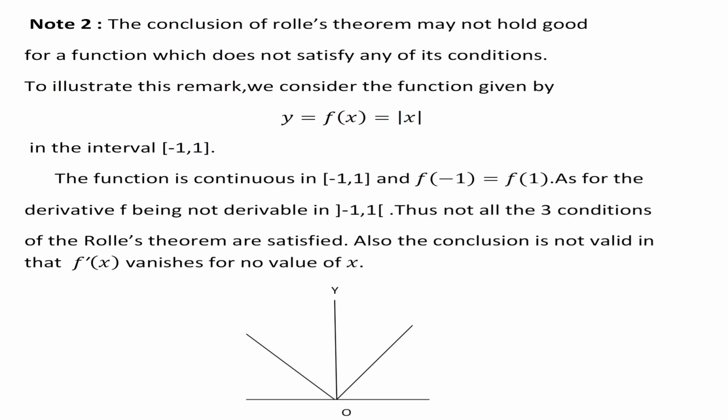As you know, mod x is a continuous function, as I have sketched there. Also observe that f(-1), mod of minus 1, is equal to 1, and f(1), mod 1, is equal to 1. So they are equal, and the second condition also holds good.